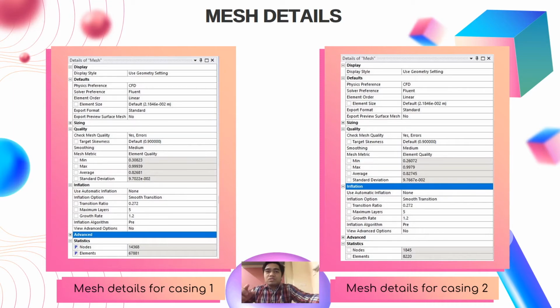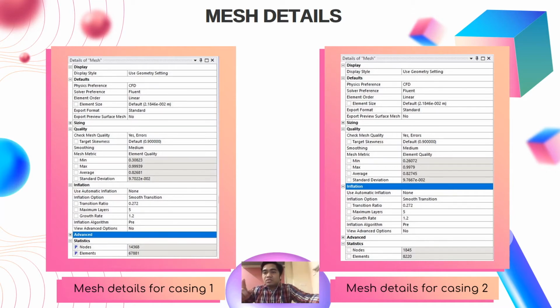Both of them use the default element size, and the nodes for casing 1 is 14,368, and elements 67,881.